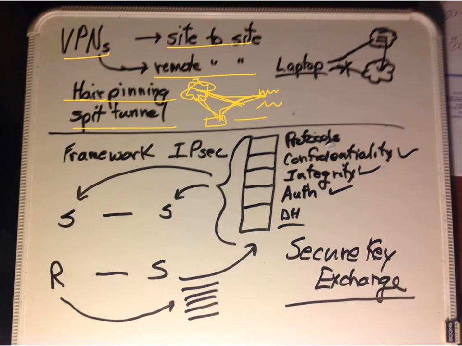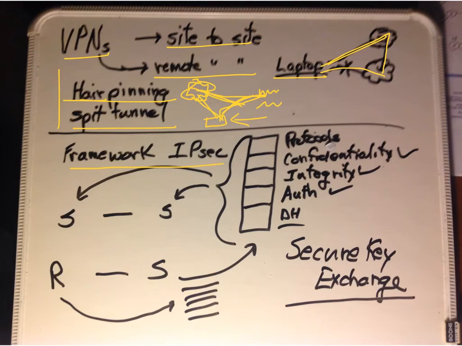So you'd have to be careful about the security of doing that. So here's an example of a laptop. Hairpinning would be you come in and then you can go out here. Split tunnel, you can go here or go here to corporate. So it's how the security is set up and so forth. But anyway, let's keep moving here.